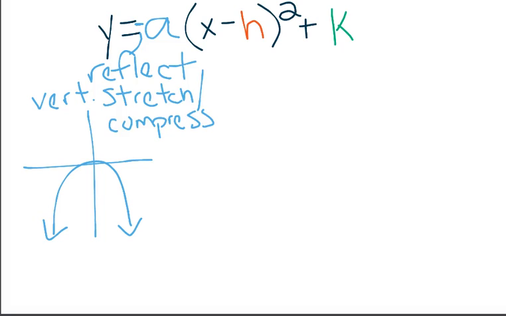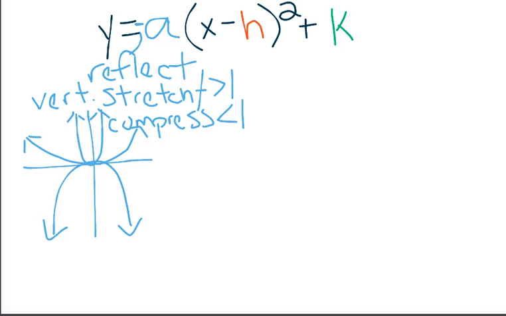If it stretches, my a is going to be anything greater than 1, like 2, 3, 4. It's going to stretch that graph skinnier. If my number is less than 1, like a half, a third, a fourth, think fractions, it's going to make a wider graph. It's going to compress it down.